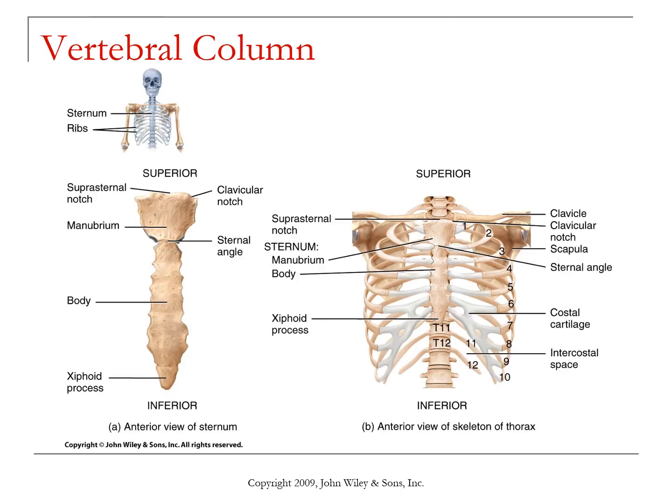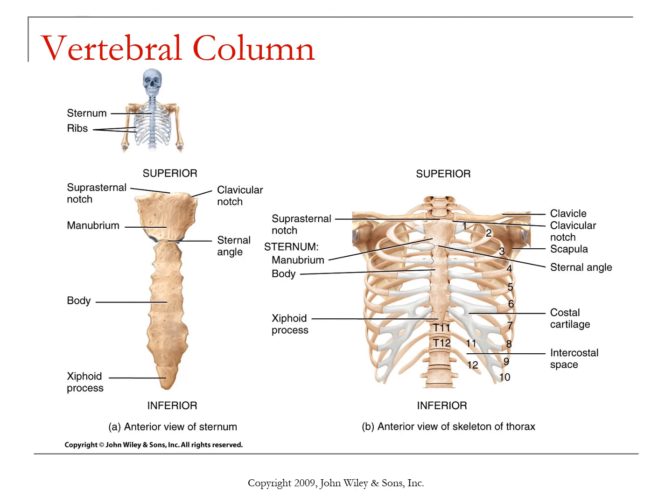Here we have diagrams of the sternum on the left and the thoracic cage on the right. In the diagram of the sternum, you can see the superior manubrium, and inferior to that we have the body, and the inferior or distal tip of the sternum is called the xiphoid process.